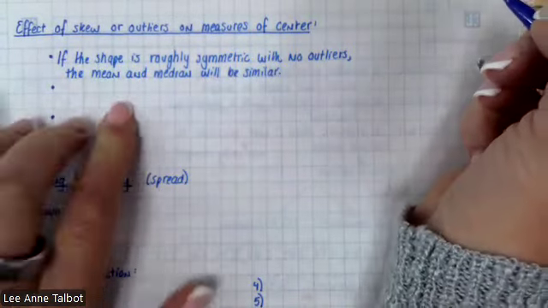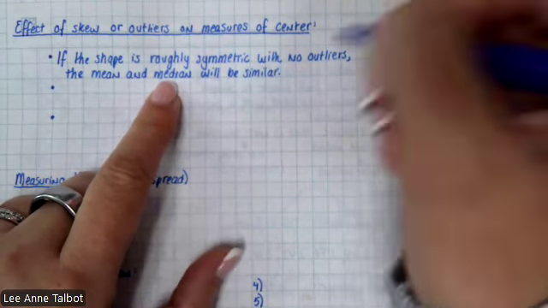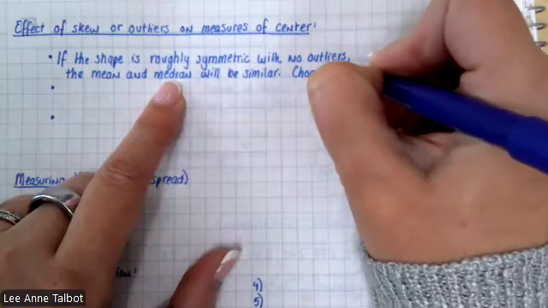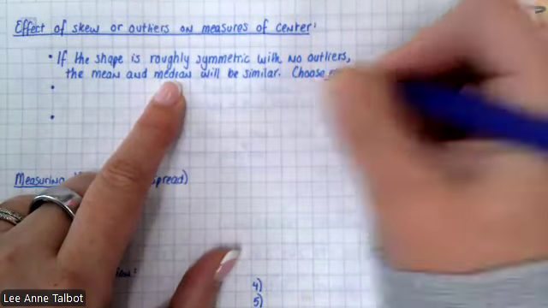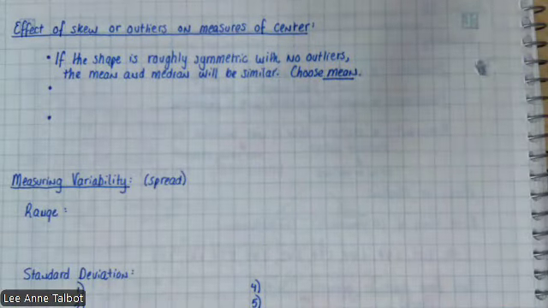Meaning when you calculate the mean and you calculate the median, the numbers will be very close to each other. In that case, you want to choose the mean. Why? Because the mean is more widely published than the median.